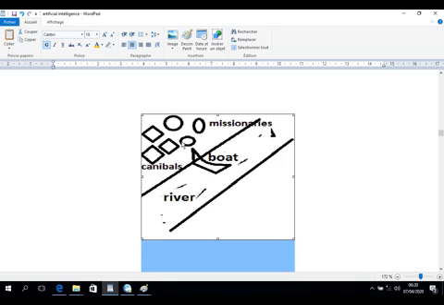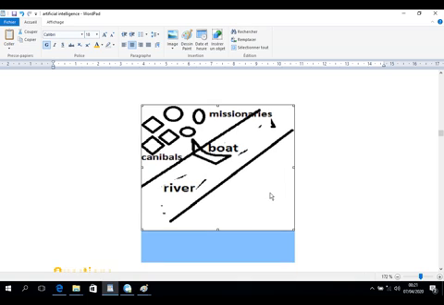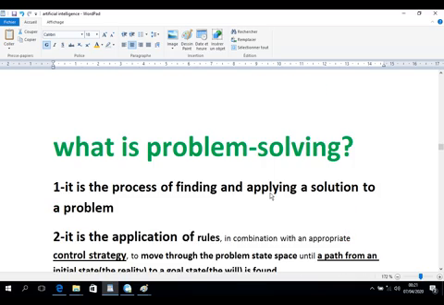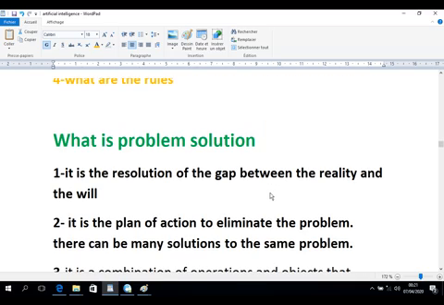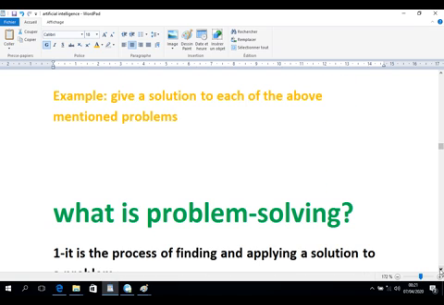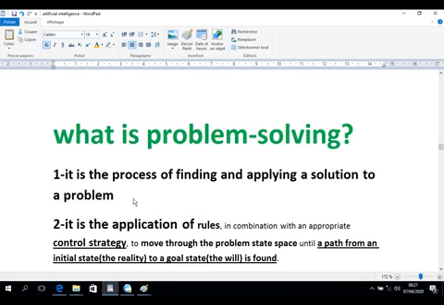Now, for the missionaries and cannibals problem, the solution is a sequence of boat trips that get all the cannibals and missionaries on the other side of the river without any missionary being eaten by cannibals. So the solution is the sequence of trips. Fine.